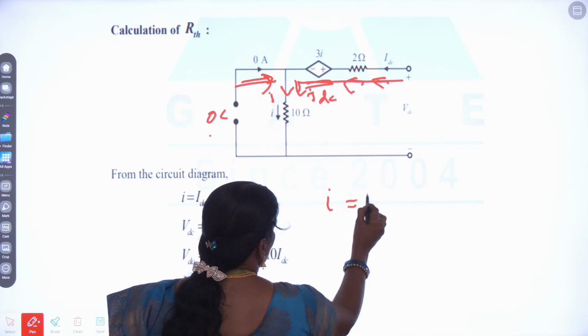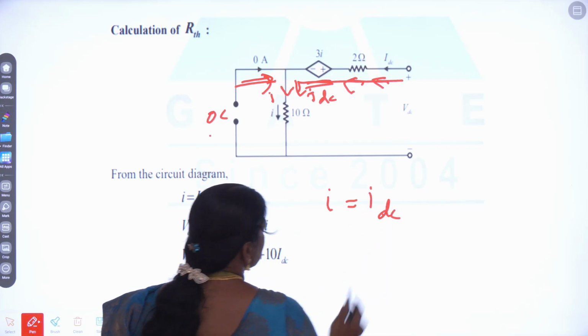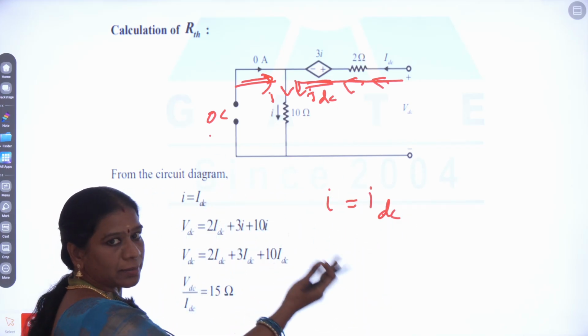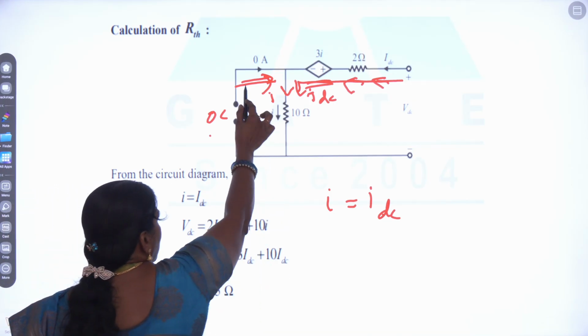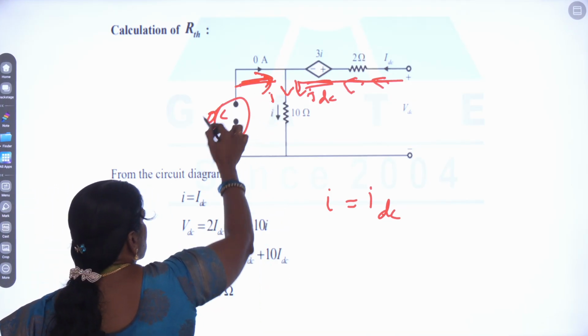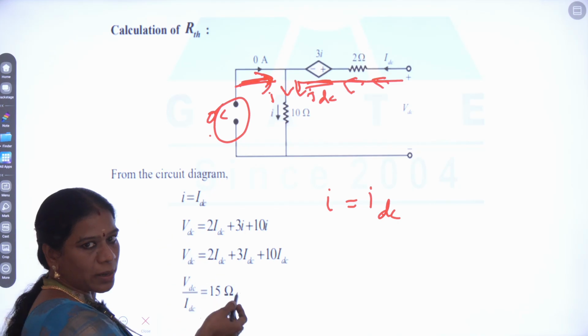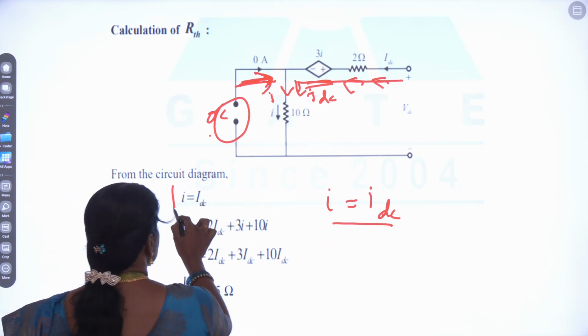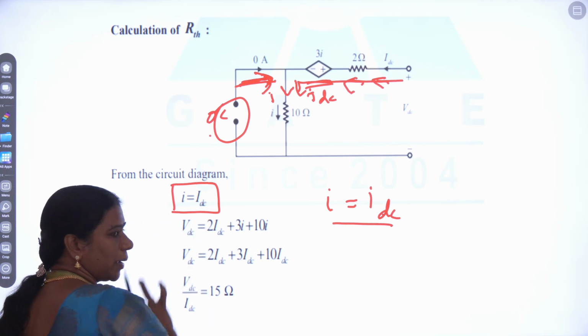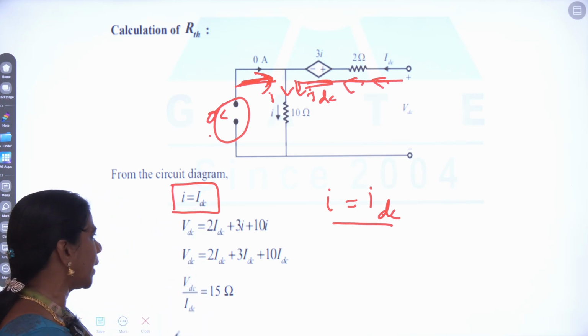So I is equal to IDC, where IDC is the current delivered from our terminals AB. Let us have this expression: I is equal to IDC.